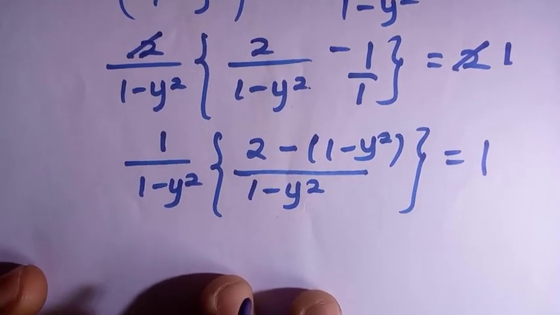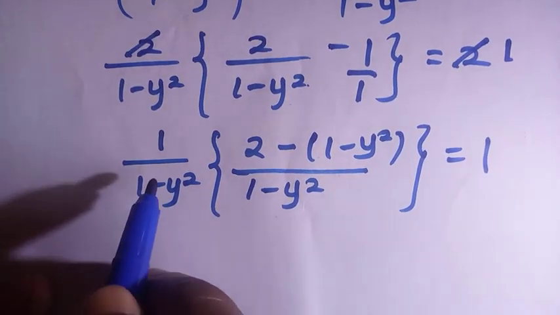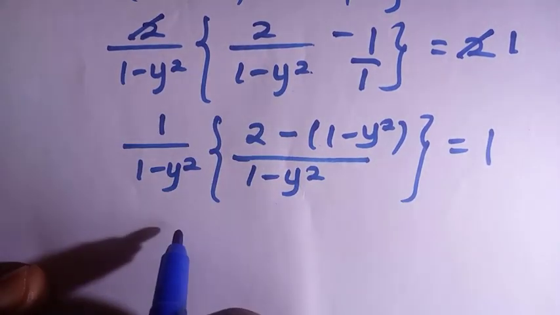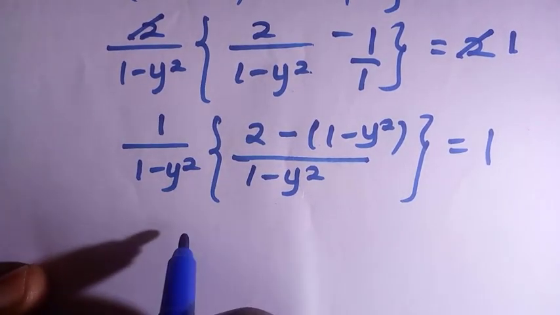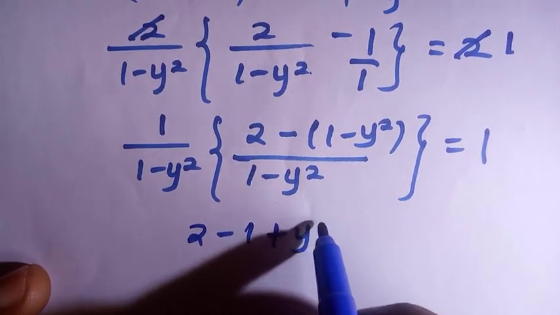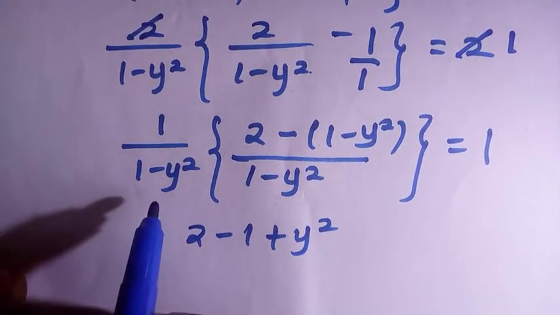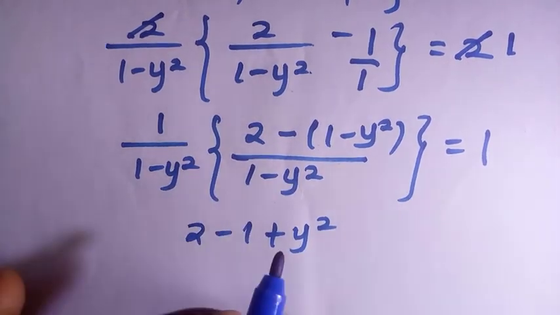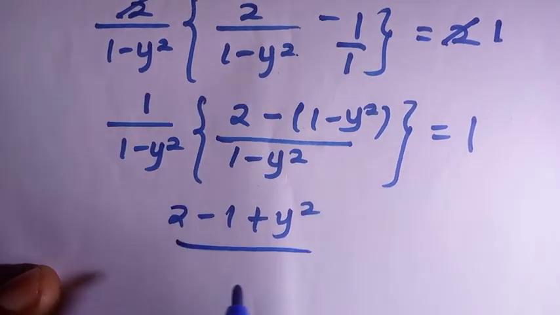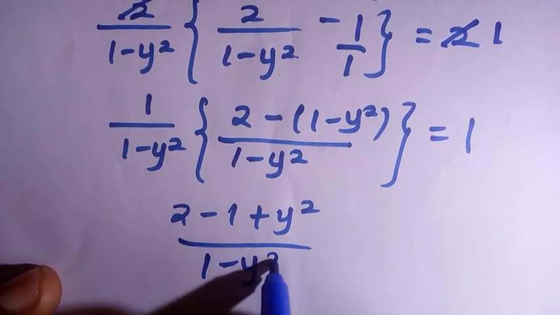And so we try to expand the bracket. We are going to expand this, and we have the side here to be 2 minus 1 plus y squared, and here it remains as it is. Then here we divide it by 1 minus y squared.